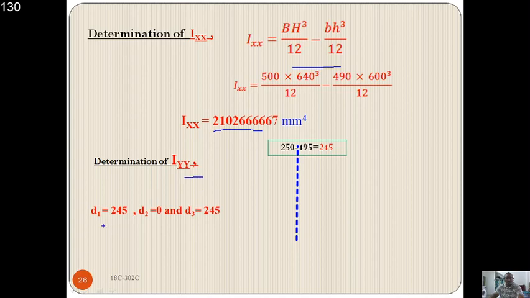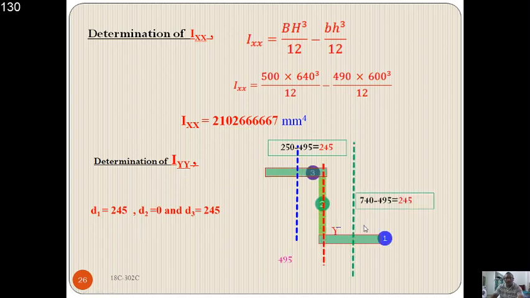For the determination of Iyy, we need d1, d2, d3. Now substitute all those values. Those distances d1 and d2 are the centroid minus the individual centroid. Therefore 250 minus 495, you get 245 as the d1.